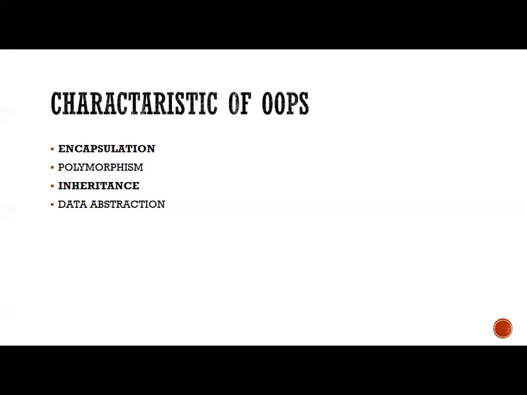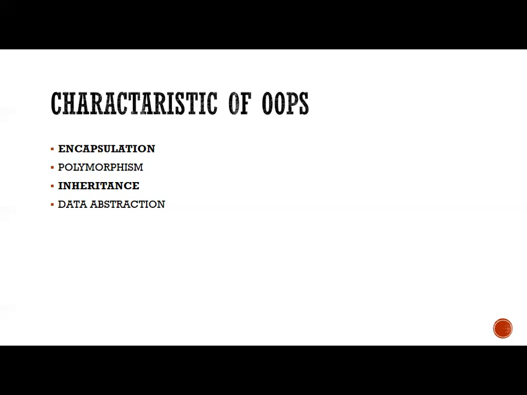Data abstraction is abstracting the internal details from the end user. For example, the operating system has multiple processes running at the back end, and the complete internal detail is hidden from the end user. That is called information hiding. In data abstraction, only some part of a particular program or process is hidden from the end users.